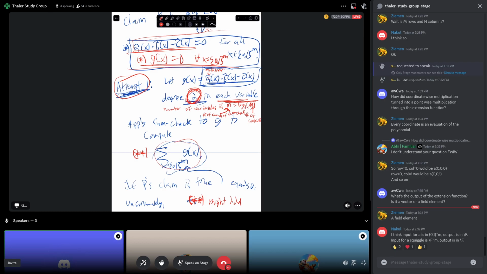Just as an example, x1 times x2 is a twiddle of x, and b twiddle of x is x2 times x3. If I multiply these together, I get x1 times x2 squared times x3, and the degree is at most 2 in each variable. For each variable, you get degree at most 1 from a twiddle and degree at most 1 from b twiddle, so you multiply them together and have degree at most 2 in each variable. Does that make sense?